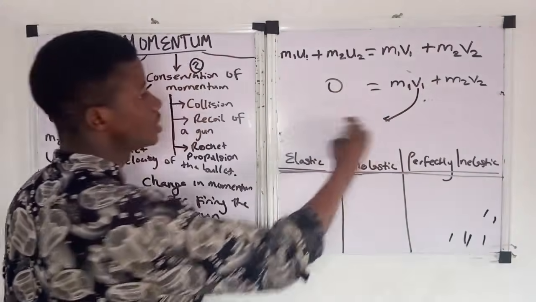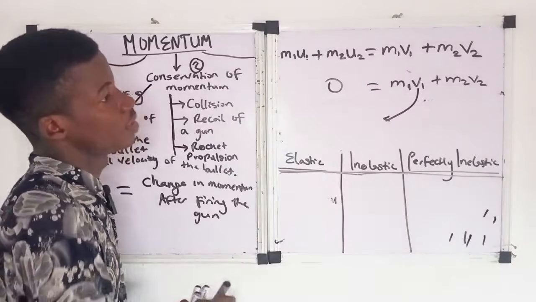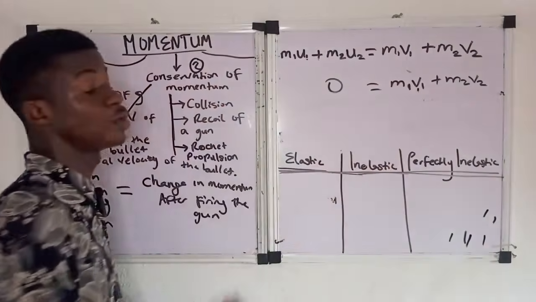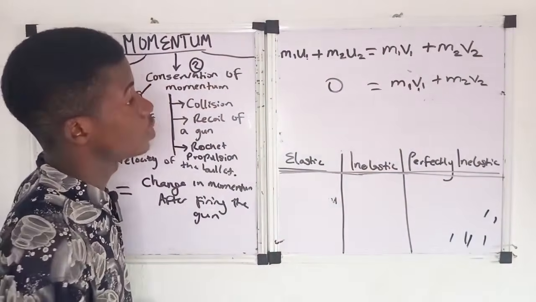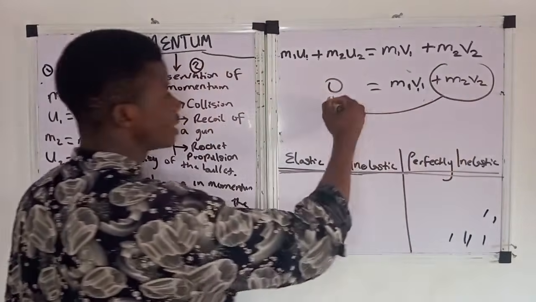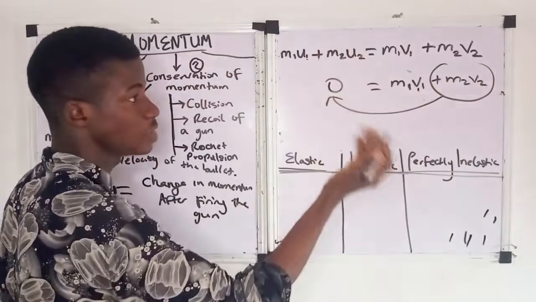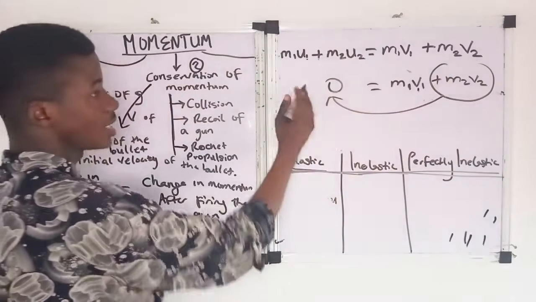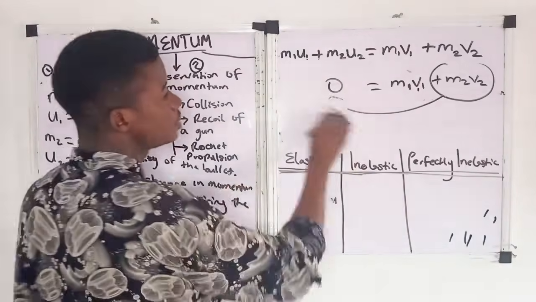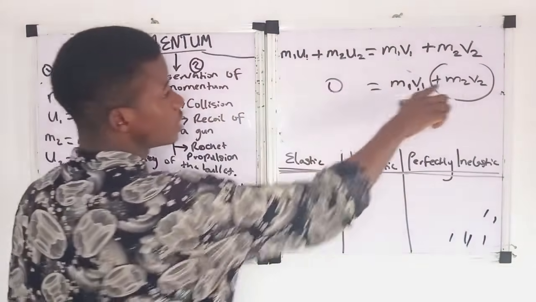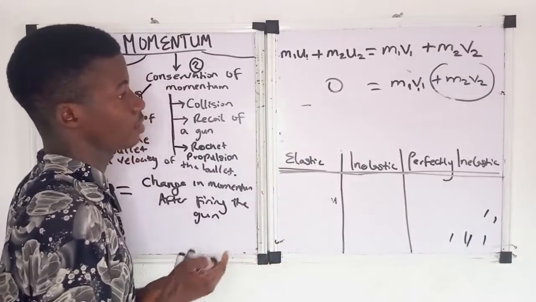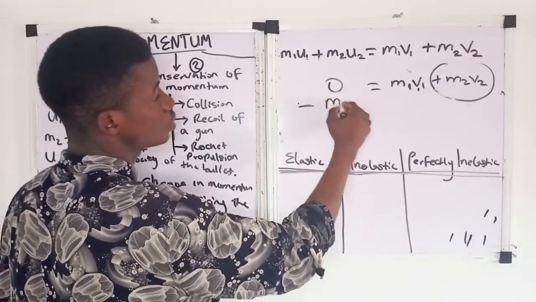Finding the recoil velocity is very easy. We make V1 stand alone. Let's take this term to this side, and we arrive at something like this, minus M2 V2.